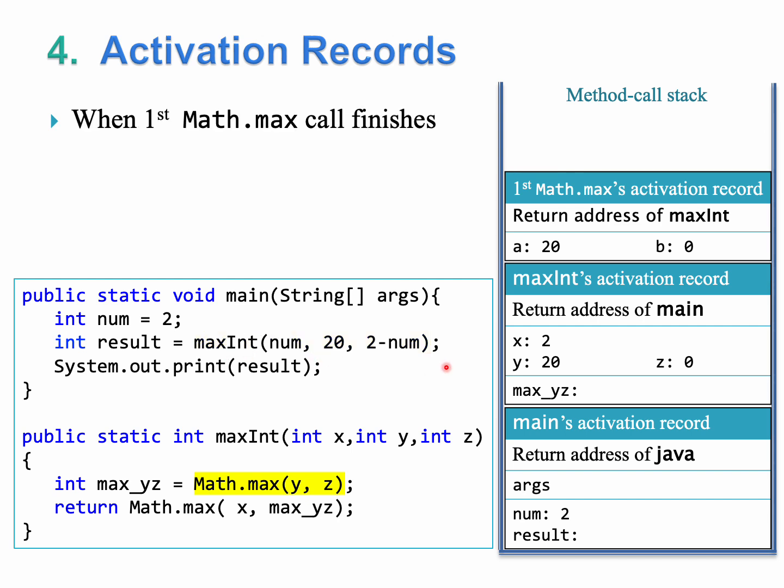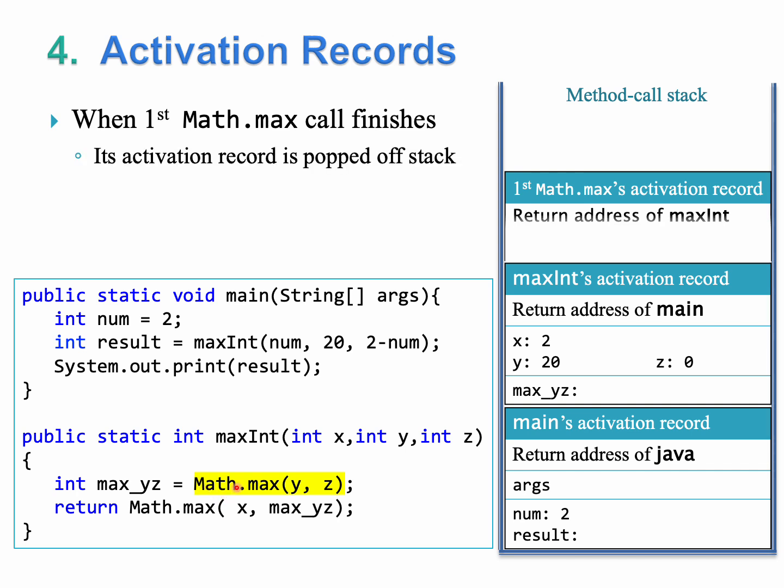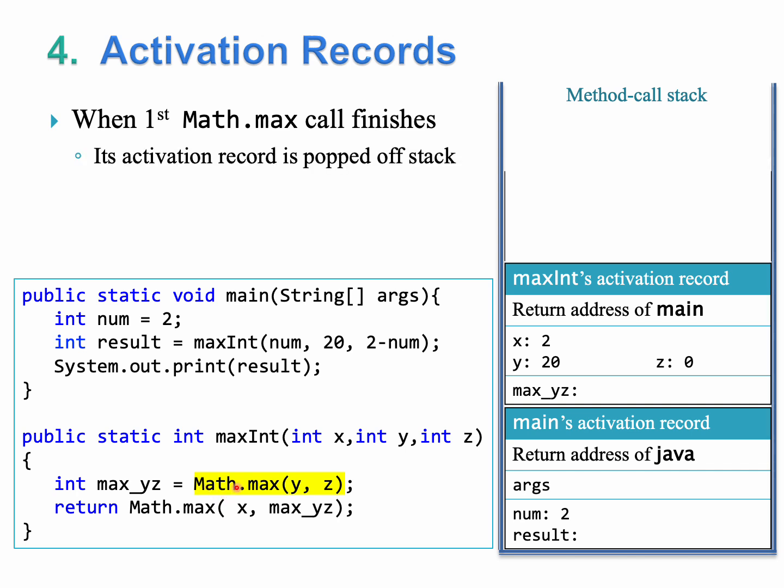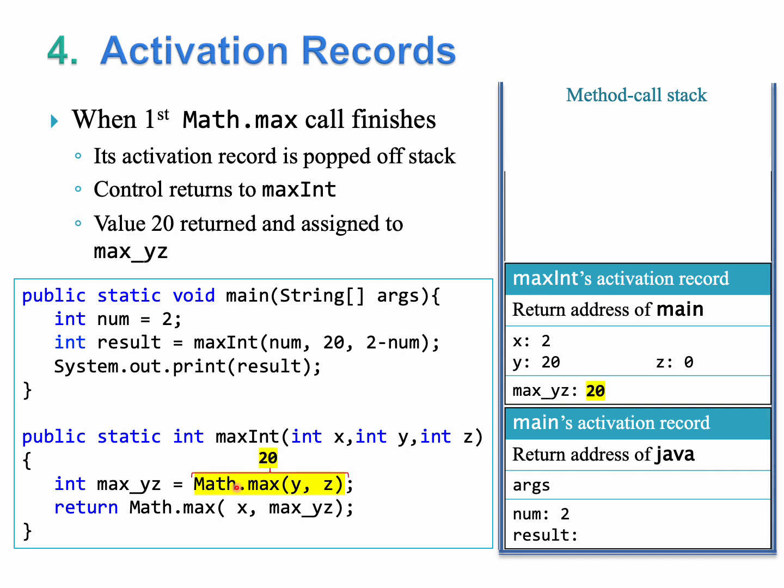When the first call to max finishes, its activation record is popped off the method call stack. It returns control back to maxInt and also returns value 20 back to maxInt. The returned value 20 is then assigned to the local variable max_yz.